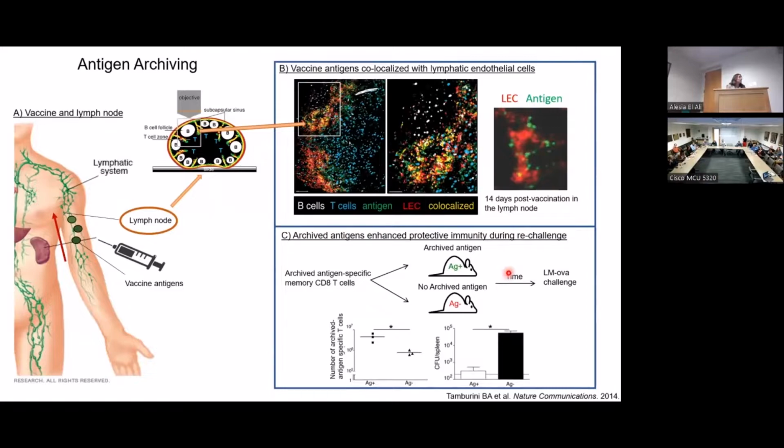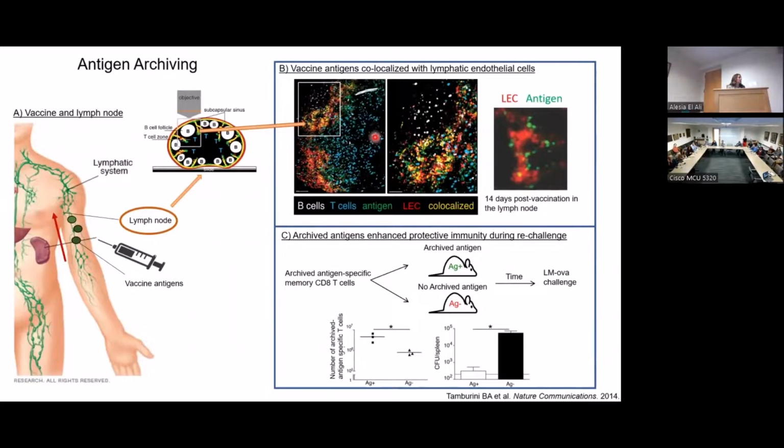What we were really interested in was understanding whether this acquisition and archival of these foreign protein antigens by lymphatic endothelial cells was important for promoting any type of immunity, specifically T cell mediated immunity.